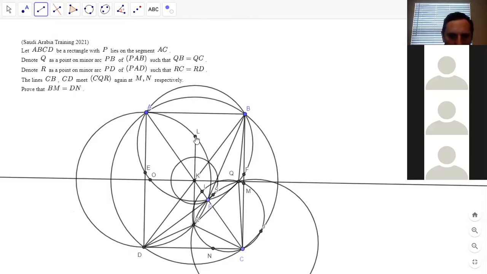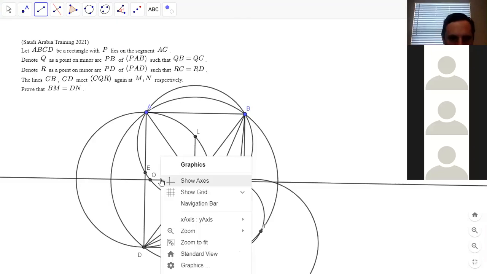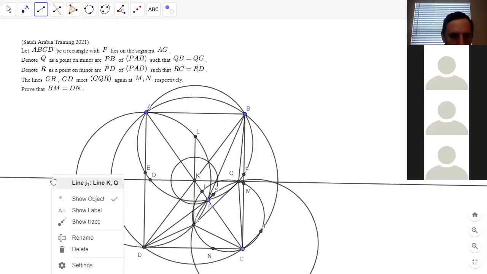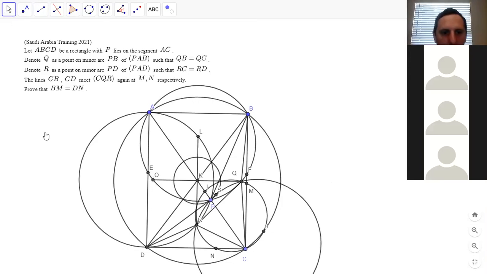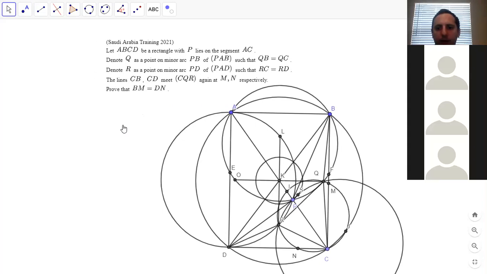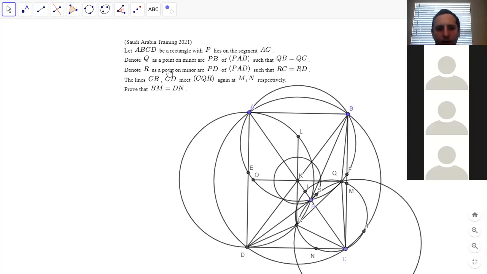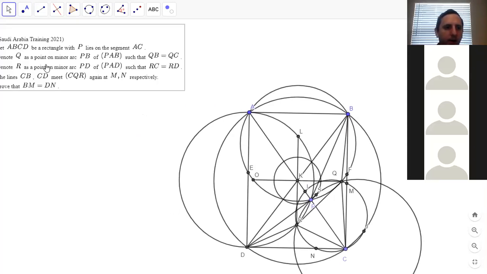So let me hide this. Okay, so we want to let K be the center of the rectangle ABCD.